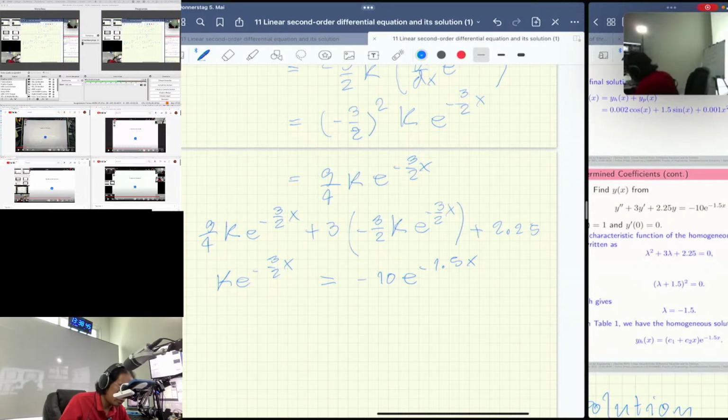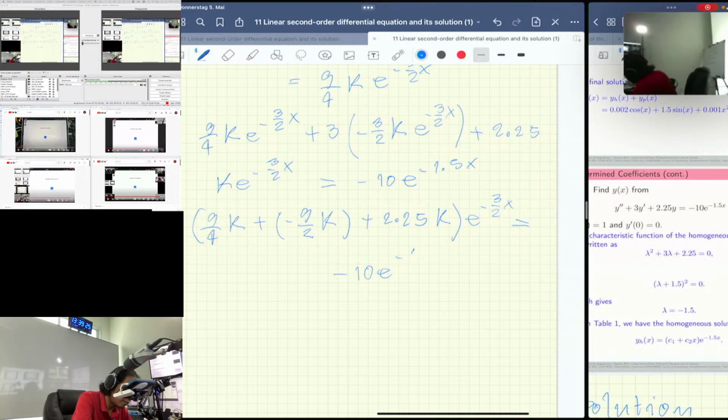Now it's time to combine all the coefficients, and you're going to get 9/4 K plus -9/2 K plus 2.25 K, all times exponential -3/2x, equal to -10 exponential -3/2x, right?